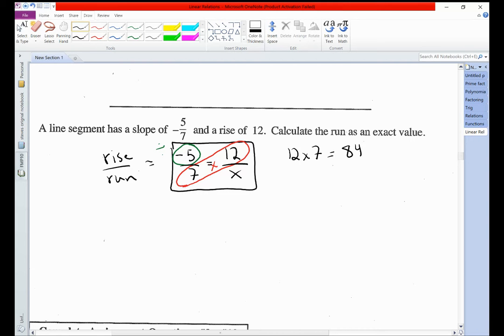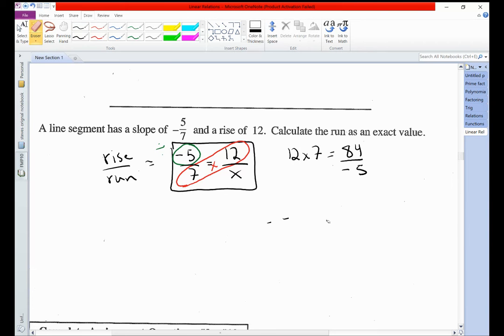That makes sense. Divided by 5. I feel like that should give us a whole number. I must be crazy. No. So 84 divided by -5, which is our spare, which means our run is -84/5. And we'll just leave it as a fraction.